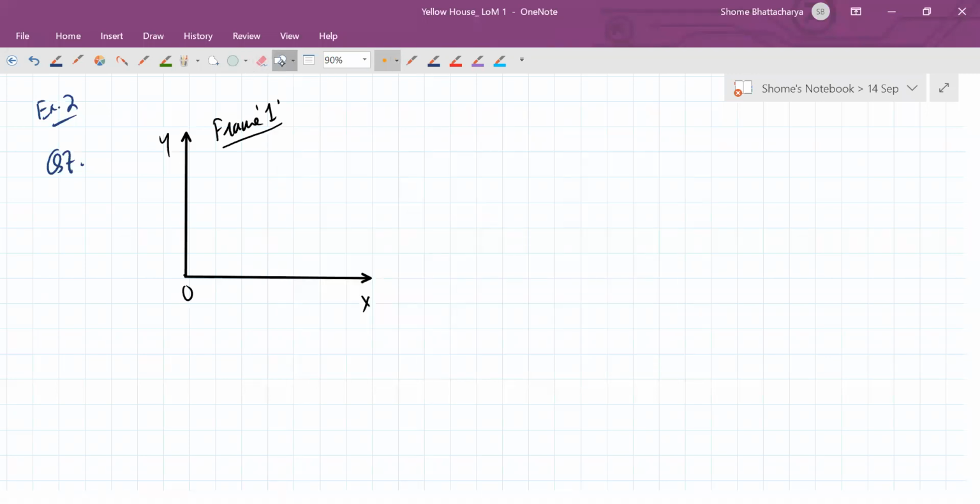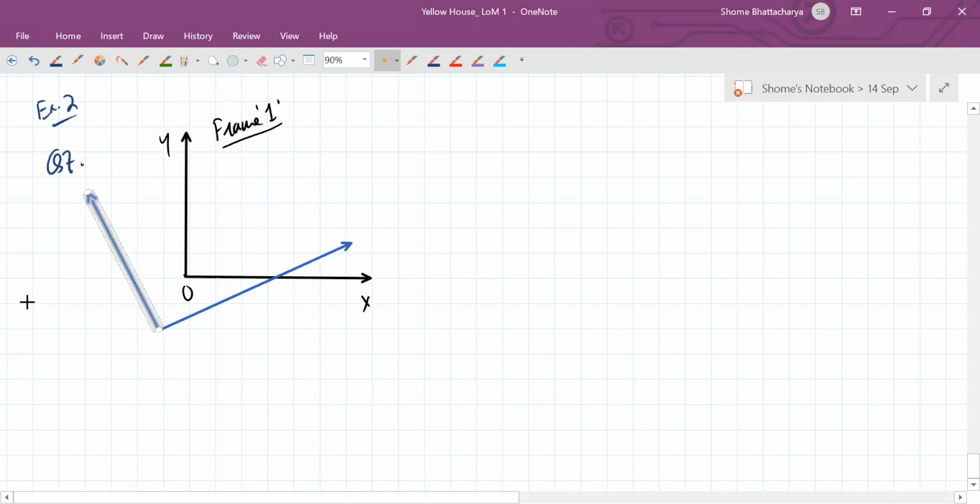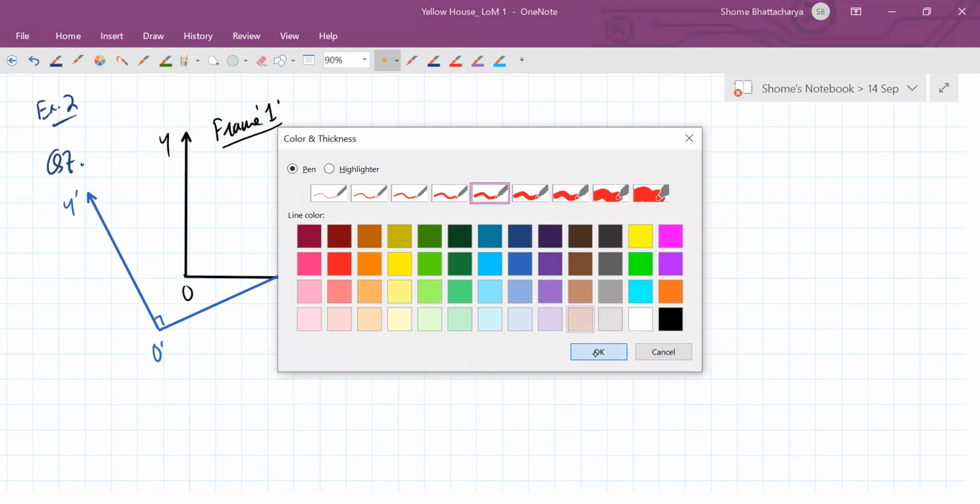It may have the same origin, it may not have the same origin. So let's assume that it does not have the same origin also. But most importantly, its orientation is not the same. That means the axes are not coinciding or they are not parallel to each other. This is O prime and this is X prime. This is Y prime. Okay. And now imagine you have any vector quantity which on its own is just an arrow.